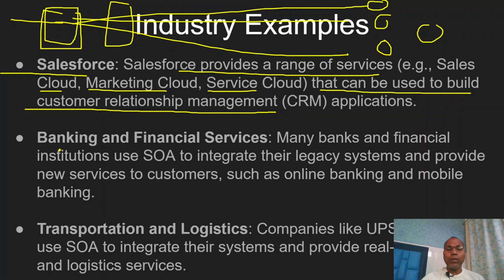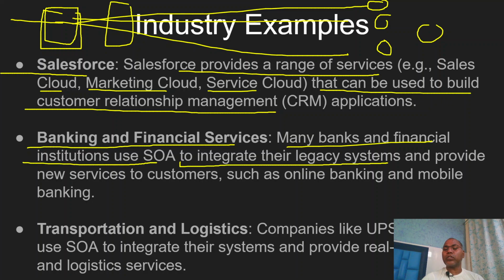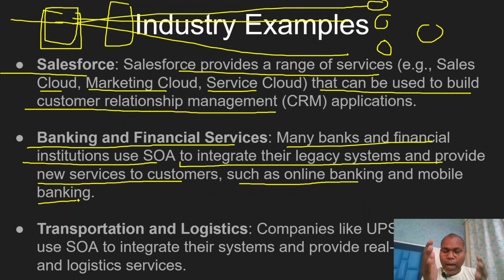Similarly, many banks and financial services nowadays use service oriented architecture to integrate their legacy systems to provide new services to the customer, such as online banking and mobile banking. In the banking domain, there are lots of old mainframe systems, with data available in different places. We are not going to build all these systems in a new environment.